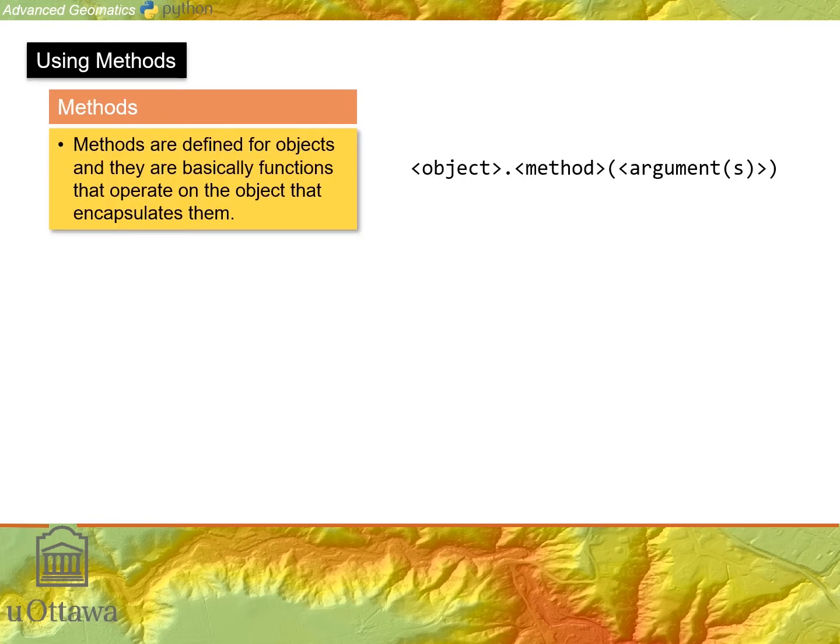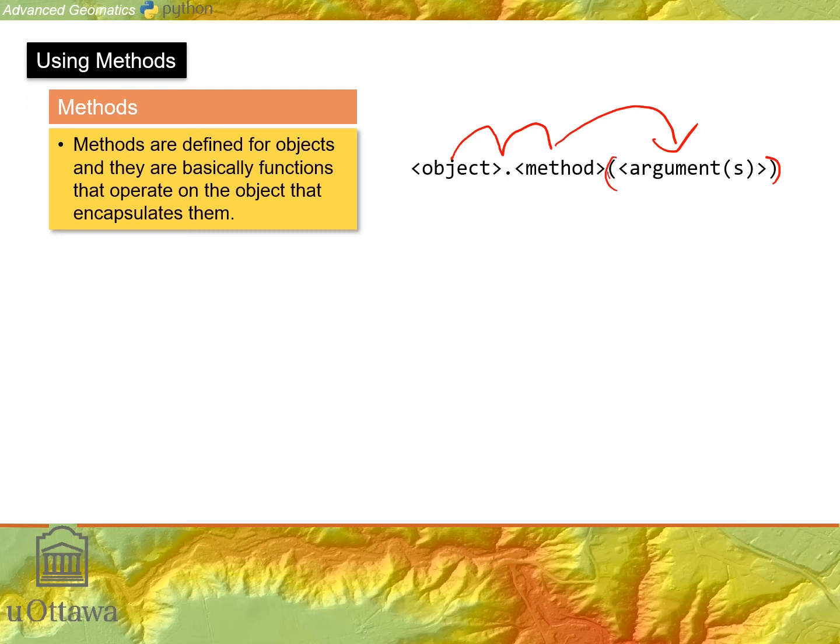And methods. Methods are defined on objects. So any object has methods. Methods are functions, basically, that are encapsulated with the object. So the syntax is object.method, and then any arguments to the method here.